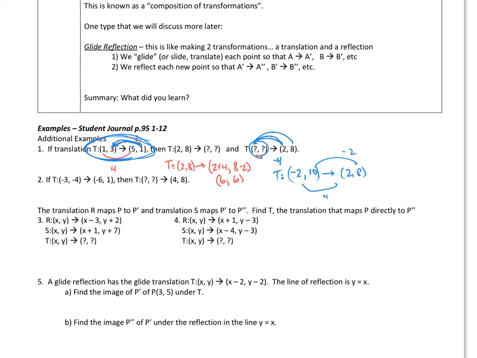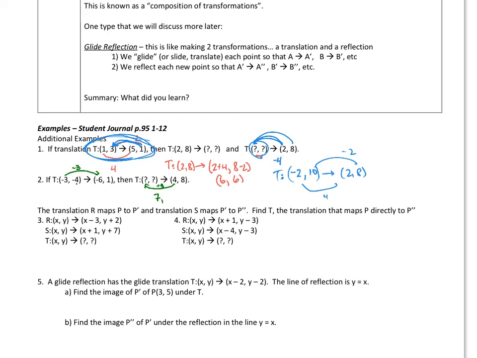For the next one, let's take a look at what we got. If the translation such that (negative 3, negative 4) maps to (negative 6, 1), then what maps to (4, 8)? Now look, from negative 3 to negative 6, I subtracted 3 in that direction. So if I go backwards, I'm going to add 3, so this would be 7, comma.